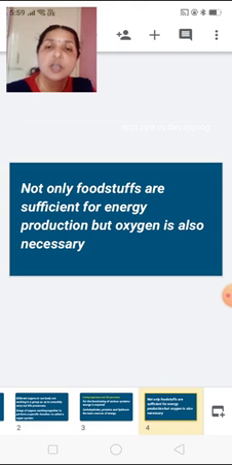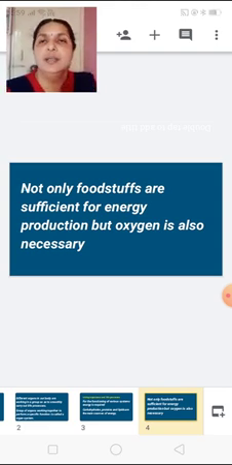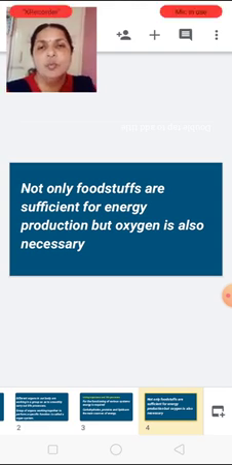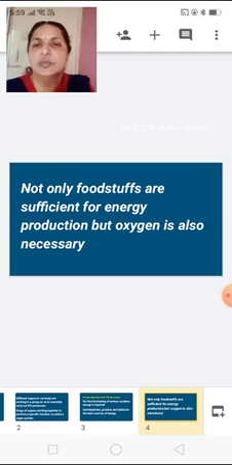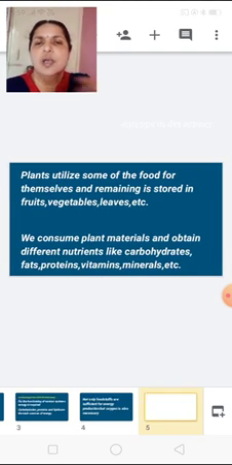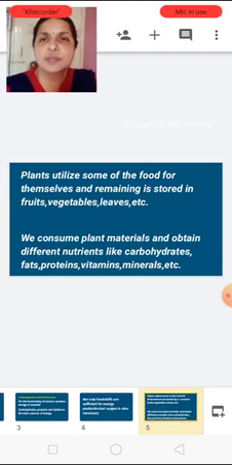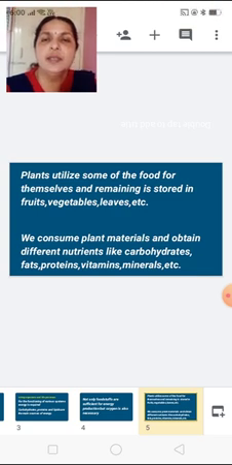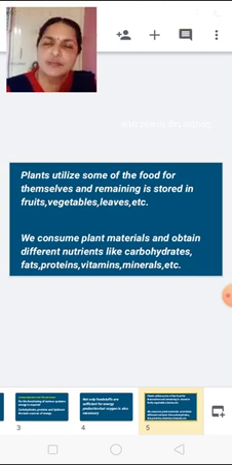So for the functioning of the system, what is needed? Energy is needed. And how do we get this energy? We get it from the plants. We all know plants prepare their own food and they utilize some of the food for themselves.